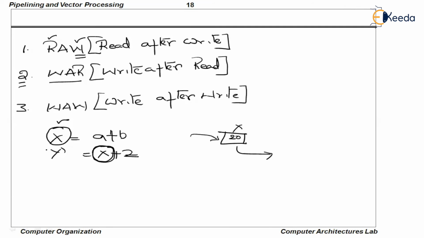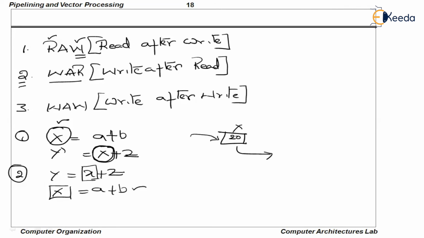The second one is WAR. What if these two instructions are reversed? Consider a scenario in which the second example is y is equal to x plus z and x is equal to a plus b. Here you can clearly see the x value will first be read by the first instruction. Then only the x value can be written by the second instruction, right?